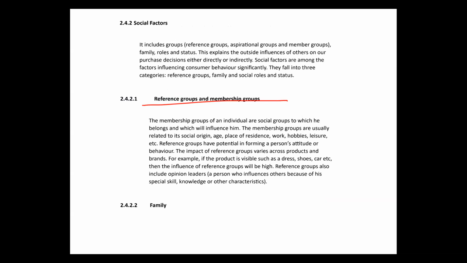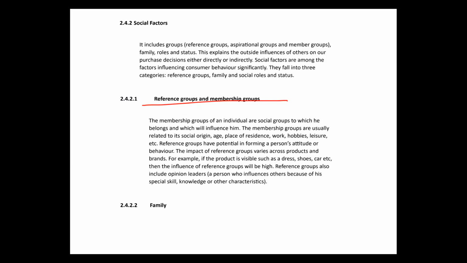The membership groups are usually related to social origin, age, place of residence, work, hobbies, leisure, among others. So the groups have the potential of forming the person's attitude or behavior.